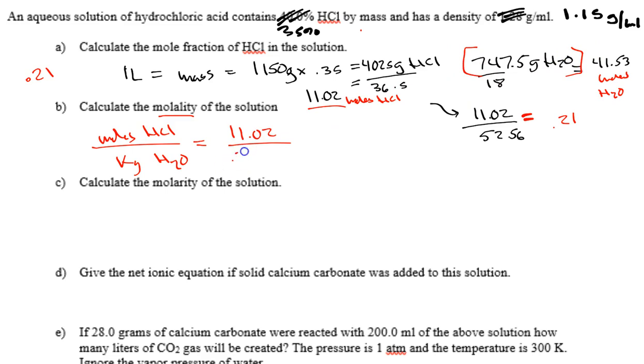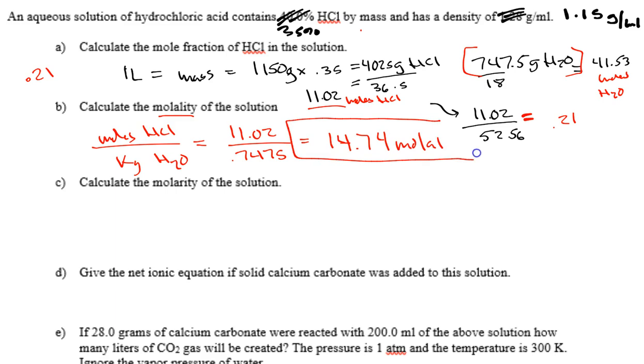But it's a decimal, 0.7475. Type that in, and I end up getting 14.74 molal. That's hideous, but whatever. It's a little behind my hand for some reason.